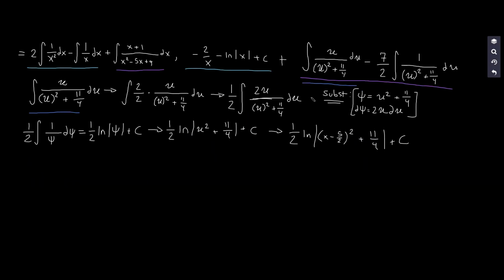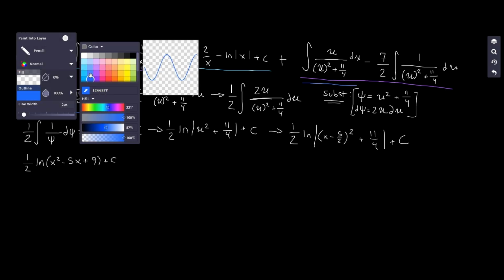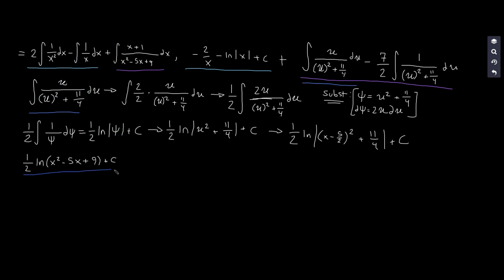We have 1/2 times the natural logarithm of what we had before we completed the square. We don't need absolute value brackets because it's only ever going to be positive. So we'll have 1/2 times the natural logarithm of x squared minus 5x plus 9, plus c.